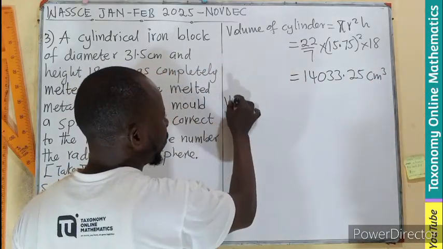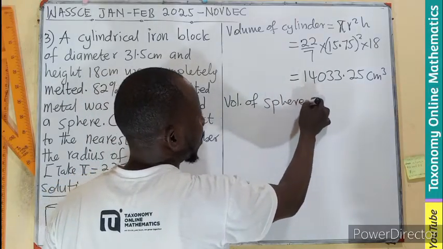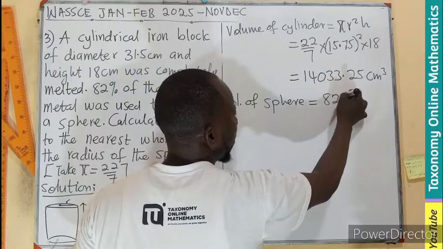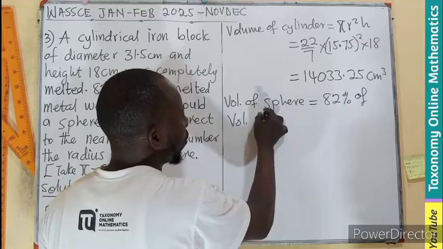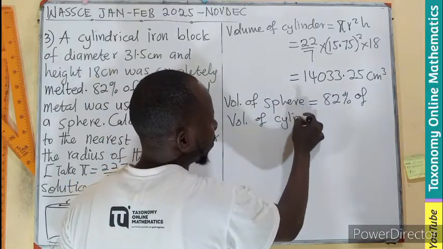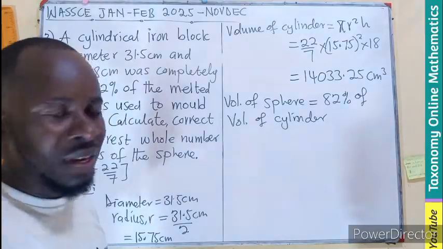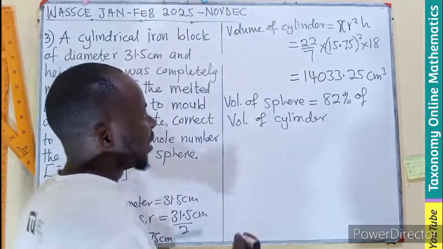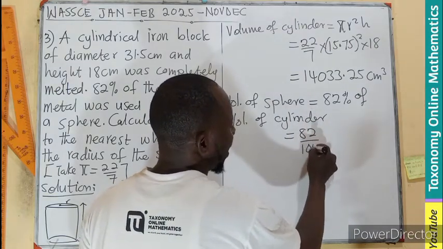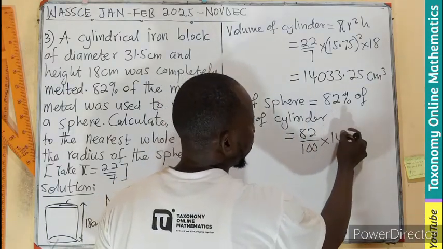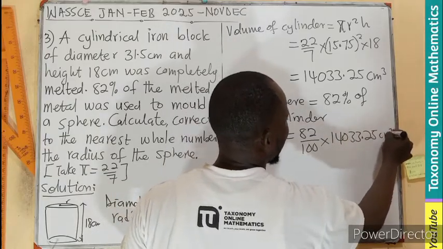Then we need to know that the volume of the sphere is actually 82% of the volume of the cylinder, right? 82%, which means 82 over 100 times the volume of the cylinder, and that will be 82 over 100 times 14033.25 centimeters cubed.